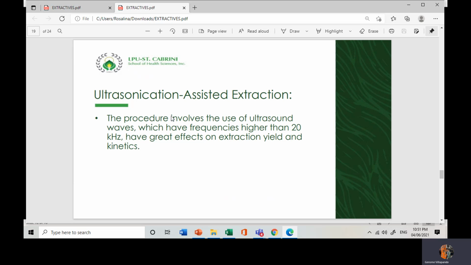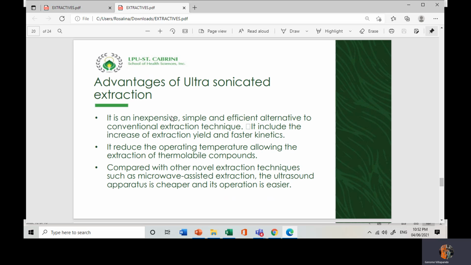So, ultrasonication-assisted extraction or UAE. The procedure involves the use of ultrasound waves which have frequencies higher than 20 kilohertz and have great effects on extraction yield and kinetics. Advantages: it is an inexpensive, simple, and efficient alternative to conventional extraction techniques. Number one, it increases extraction yield and gives faster kinetics.